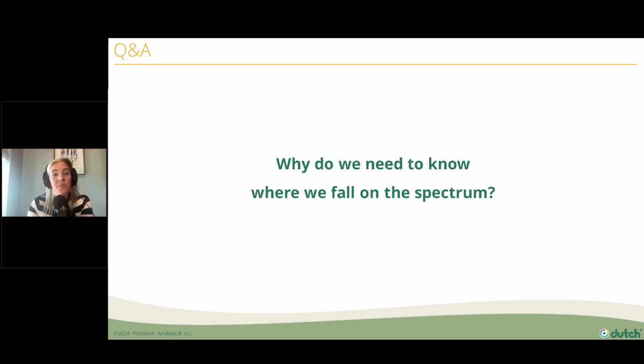Okay, next question. Why do we need to know where we fall on the spectrum? This is such a great question. The reason why is that published studies are now showing that the preference that you have with phase 1 estrogen metabolism has correlations with specific diseases. I mentioned some of these before: rheumatoid arthritis, lupus.